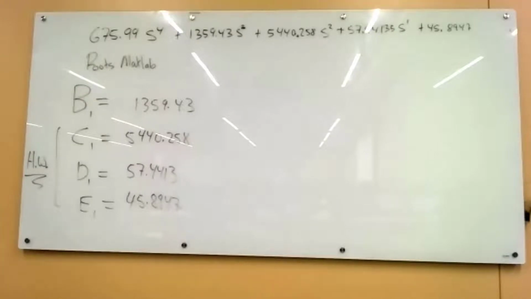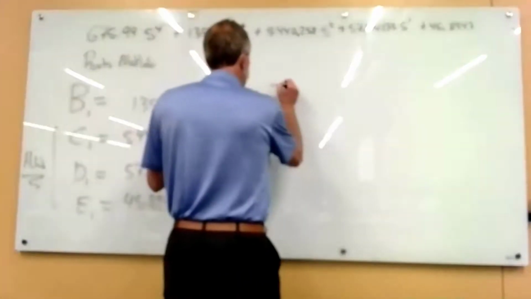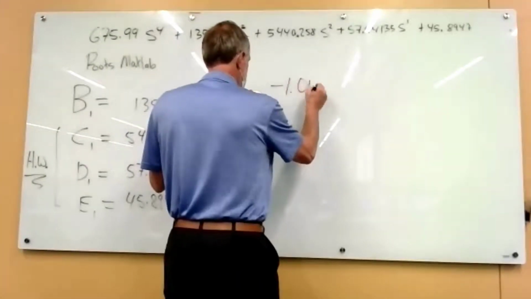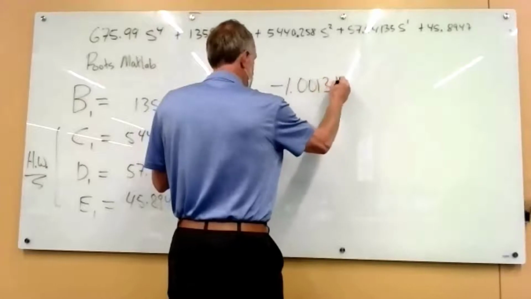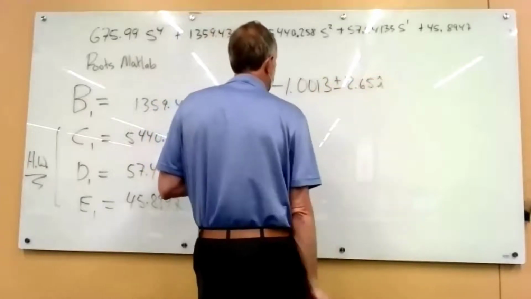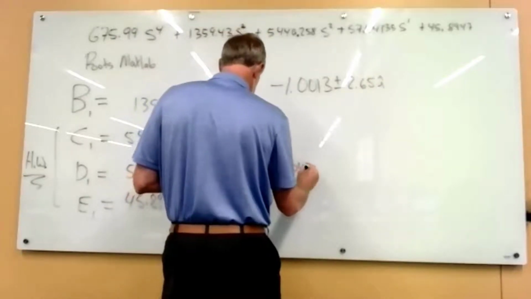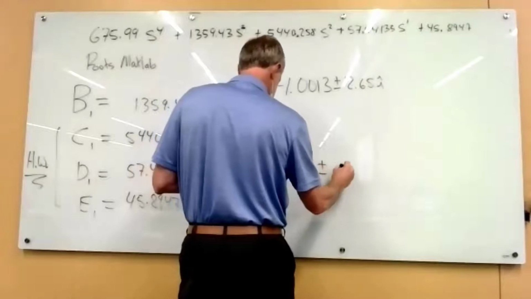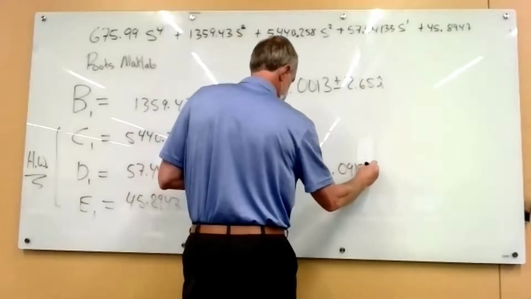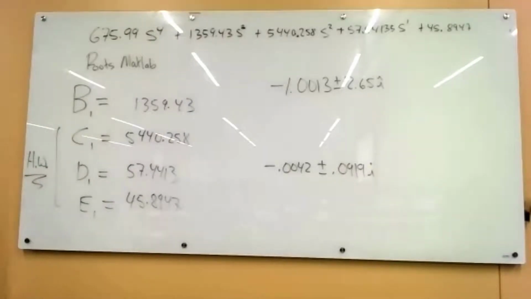I'll show you a screenshot of that. But the roots we get are this set, two complex conjugate pairs.